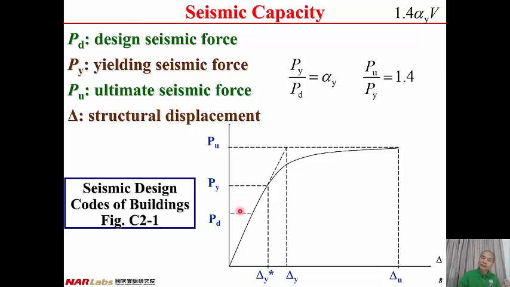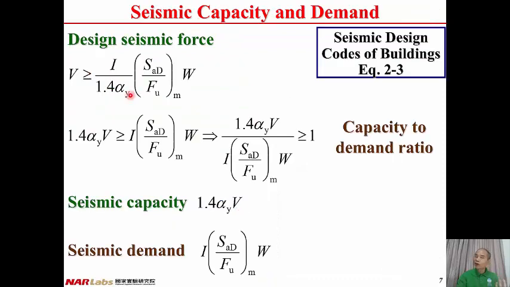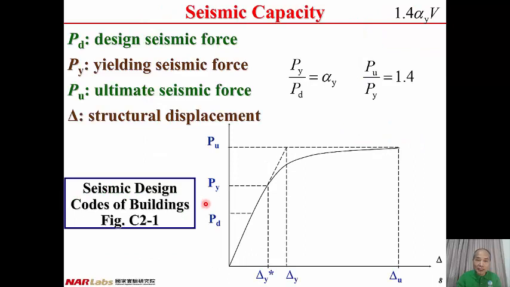PD is the design seismic force. Because it has been reduced by 1.4 alpha y, and we reduced by FU, the design seismic force is an elastic force. After amplifying by alpha y, it becomes a yielding seismic force, and is further multiplied by 1.4, and then it becomes the ultimate seismic force.